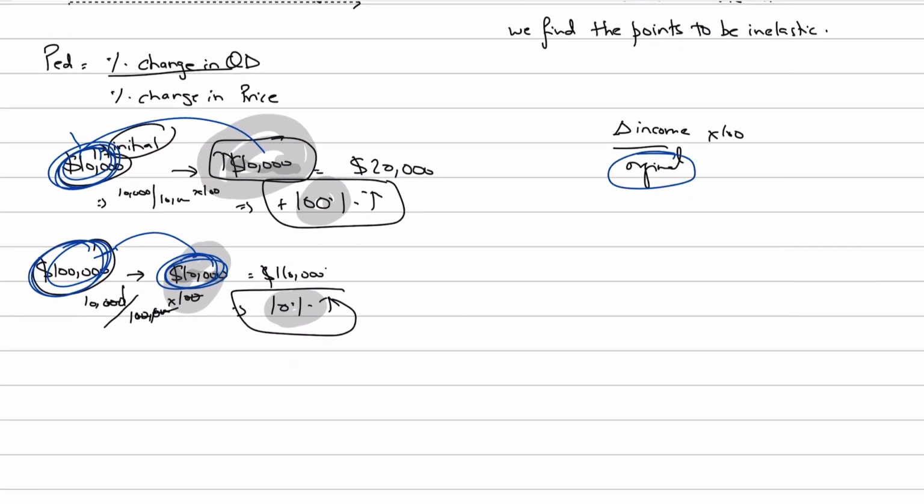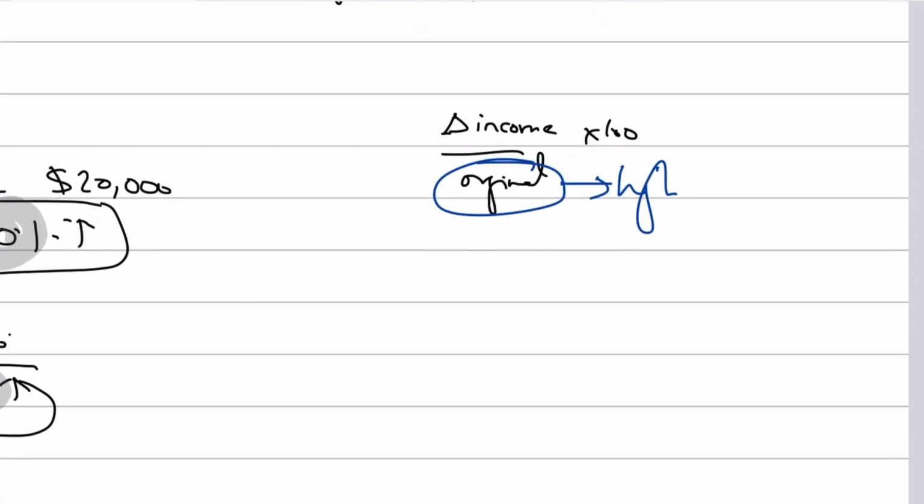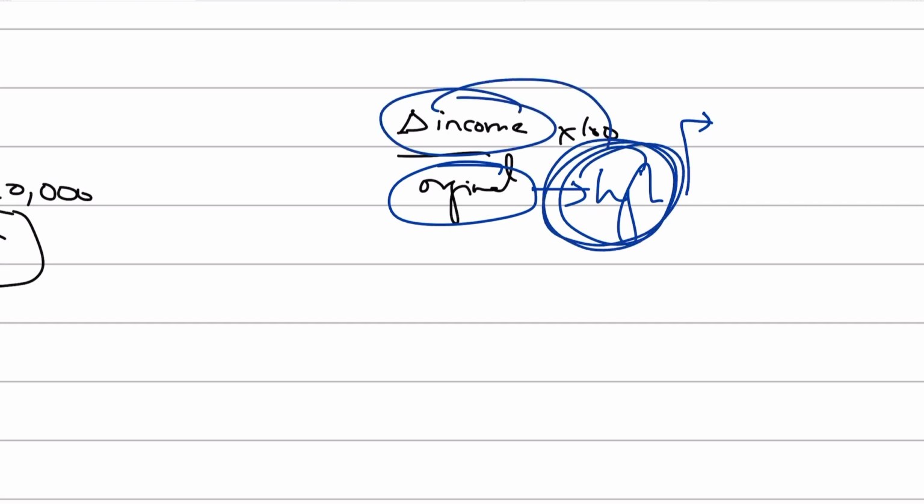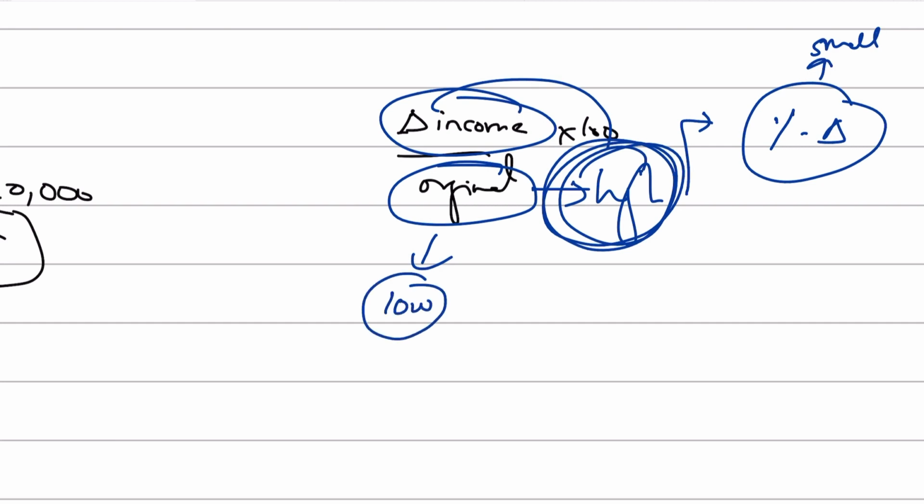So what we conclude is that if my starting level, the original, is relatively higher relative to the change in income, we will always have a small percentage change, as compared to a situation when the original is relatively low relative to the change.